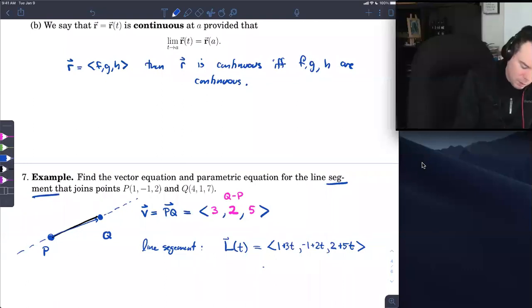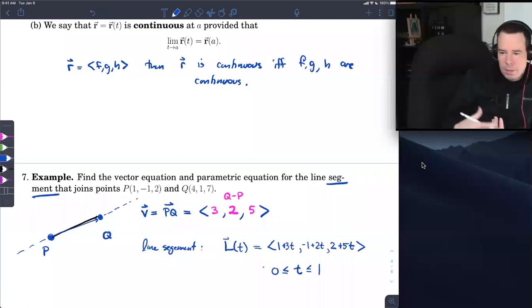So that means we only want the values of t to be at least 0, but we don't want that value of t to be any bigger than 1. We don't want to be adding a multiple of v that's any longer than v itself. So this is v here.